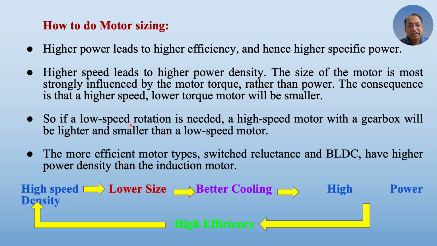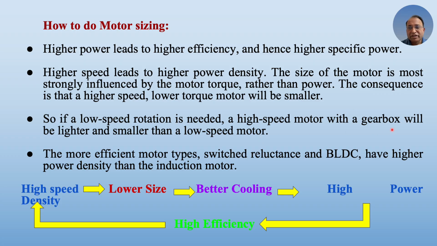If a low speed rotation is needed, the high speed motor can still be used with a gearbox, and that will be lighter and smaller than a low speed motor. For example, if we are using it in an electric vehicle, we don't want to drive the vehicle at high speed every moment of time, so a gearbox can be utilized.